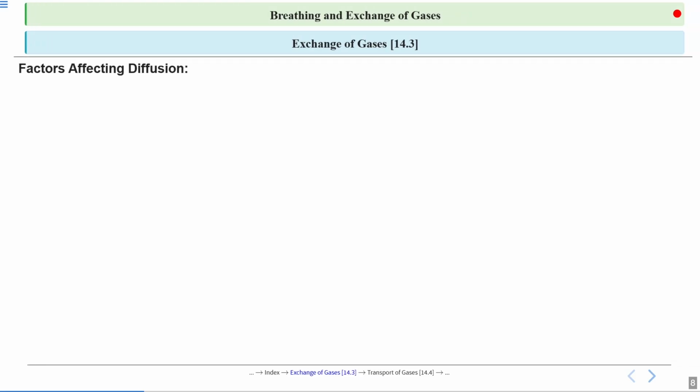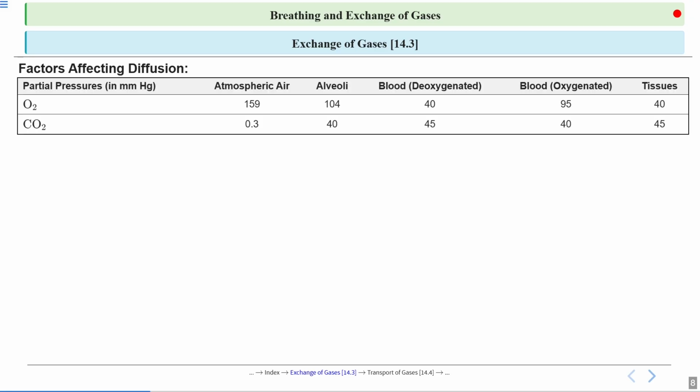Factors affecting diffusion. Let us understand what are the different factors that affect the process of diffusion. We have understood what diffusion is and how it goes on. Now see here, partial pressure in mmHg.